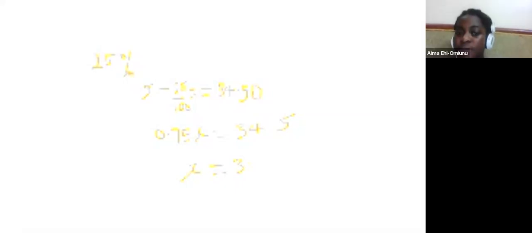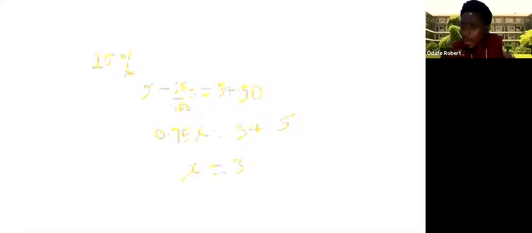This $34.50 is the money after deducting the discount, right? Yes, after deducting the discount. And the discount is 25%, right? Yes. So what's this x supposed to represent? X is the original price because you do not know the amount initially.